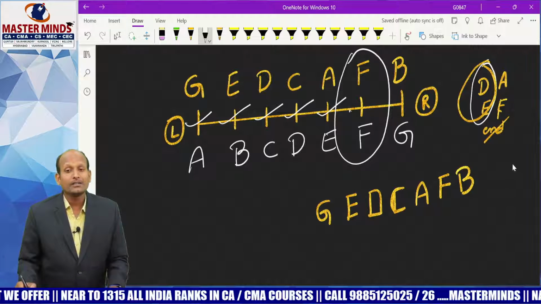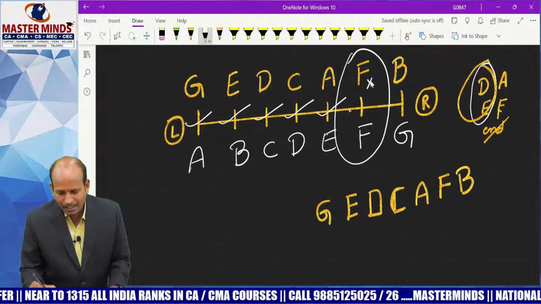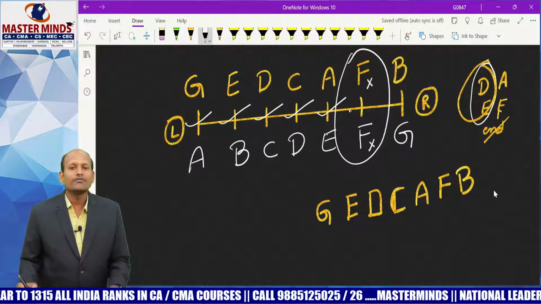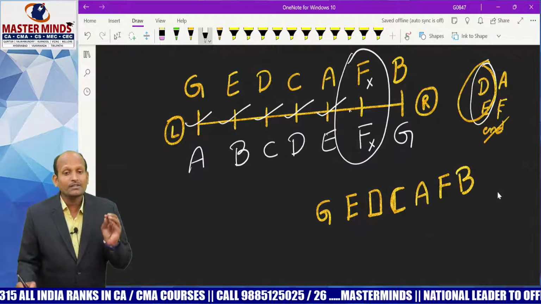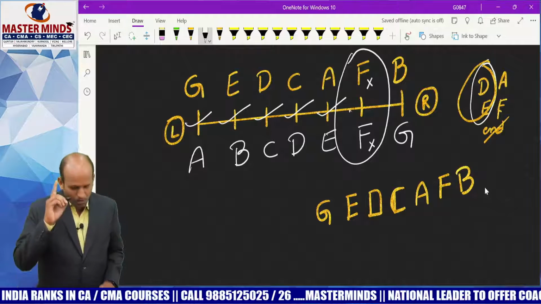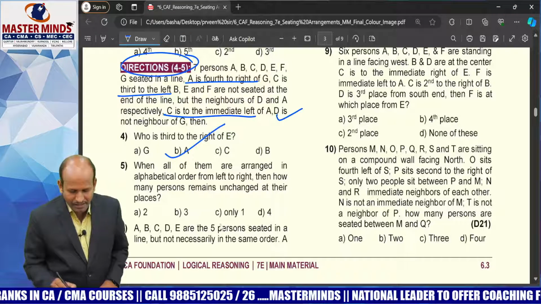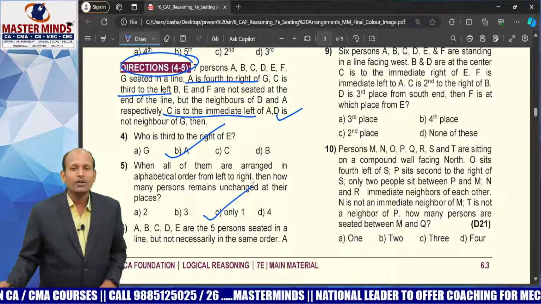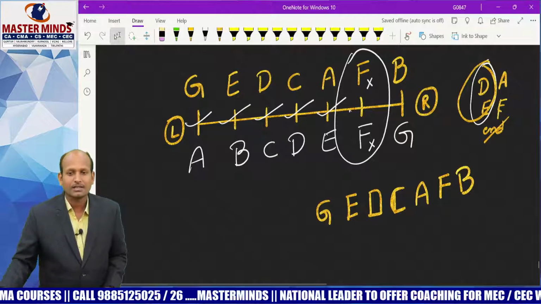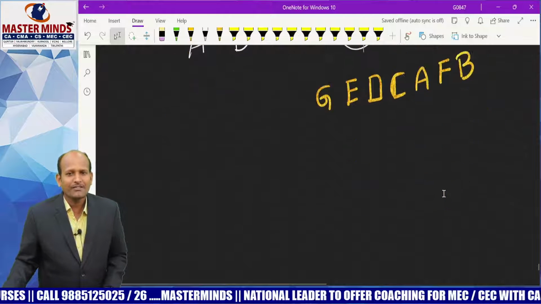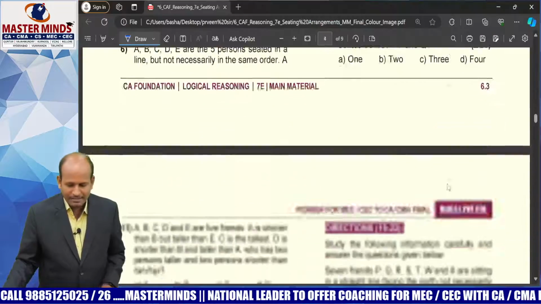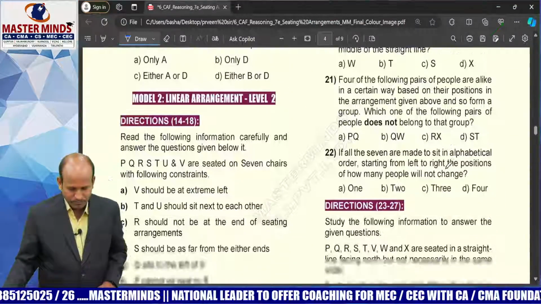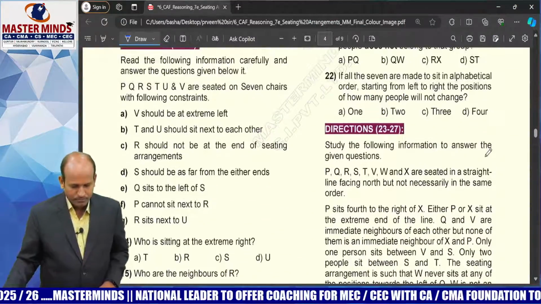F is maintaining the same position in the seating arrangement as well as in alphabetical order. So only one person remains unchanged, that is F. Option C, only one person. This is your answer. So this is the way you need to answer single line seating arrangements.